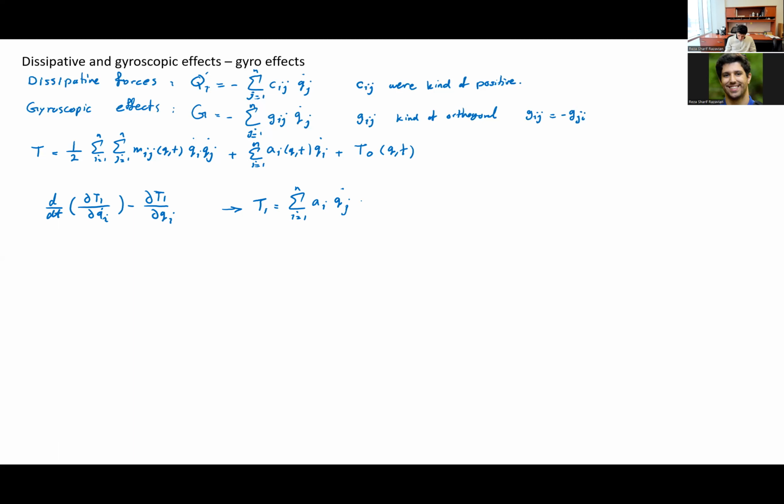So first one is I have to take the derivative with respect to q dot. So partial T1 partial q dot i is going to be just this one. This is also i. So I only have one q dot i among all of the possible iterations of i, and this Ai is the only one that comes out of it. And then I want d over dt of this Ai.